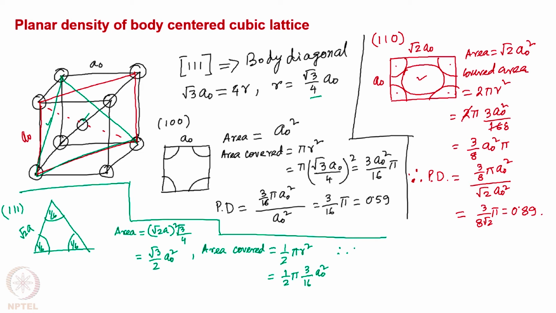That means the planar density is equal to 3 pi a0 square by 32 divided by root 3 by 2 a0 square.